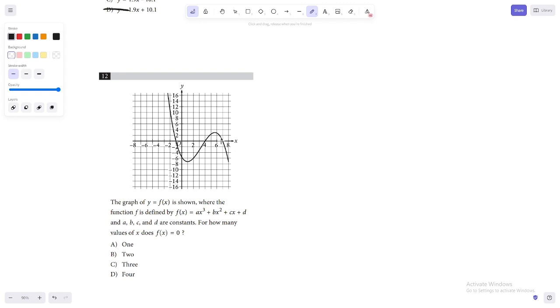Now, since we're given the graph, it will be quite easy to find because the value of y represents f of x, right? So if we are to find the values of x where f of x is equal to 0, we have to look for points where y is equal to 0.